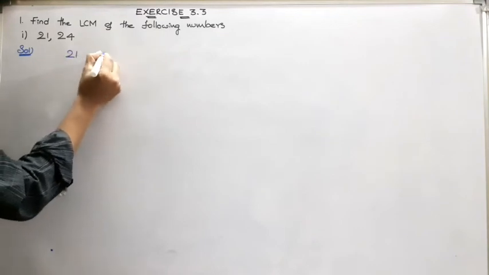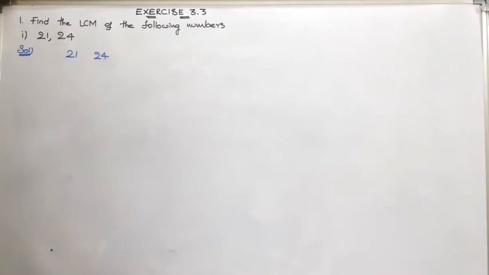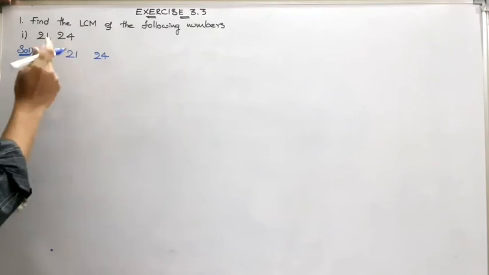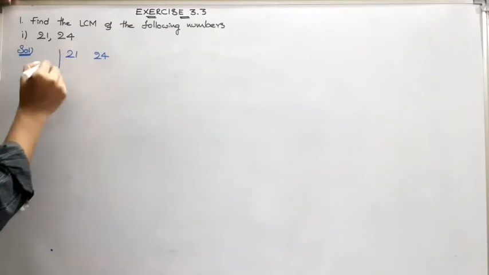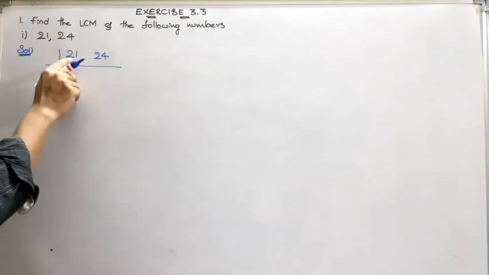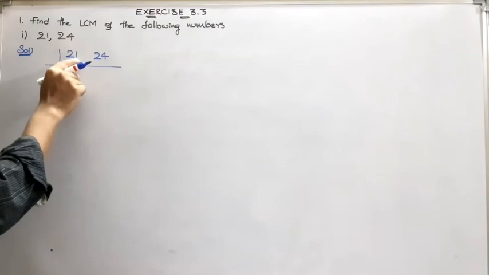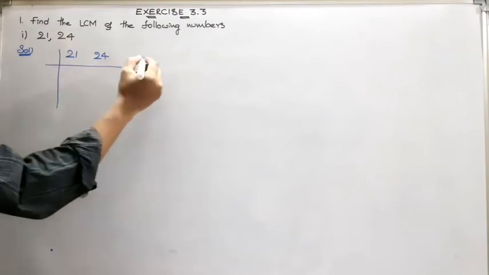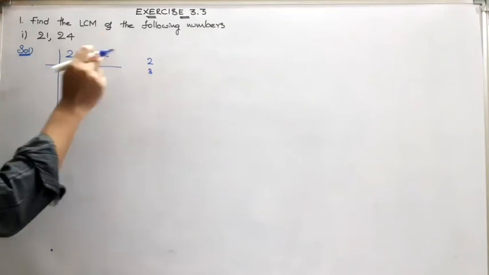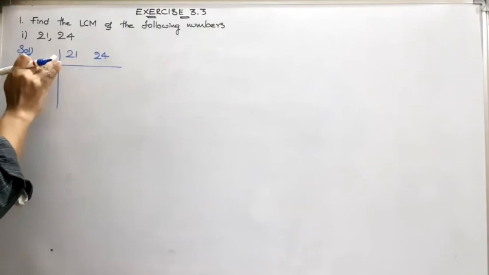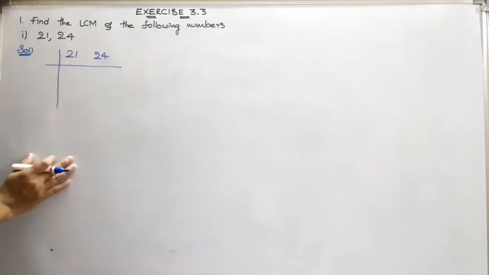21, 24. There exists a single approach to find the LCM for you, so no need of worrying about other methods. We need to find a table which cancels 21 and 24. We can't cancel 21 in the 2 table because, as I told you, always start with least, hence the name LCM. Actually, that is pointing to multiple, but in order not to get into any confusion, start with lowest factors first.